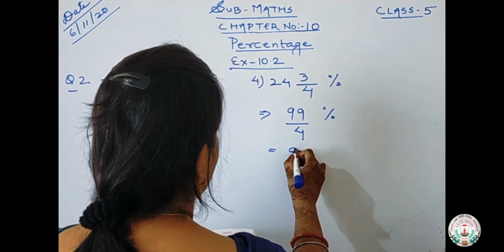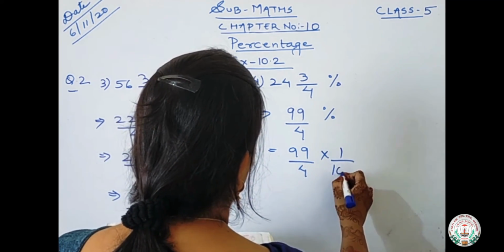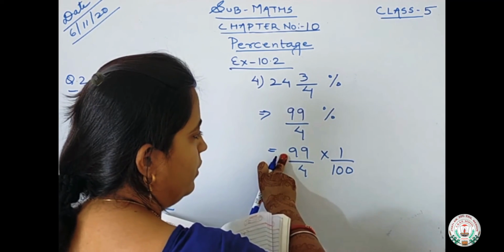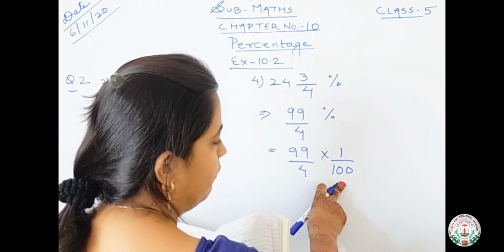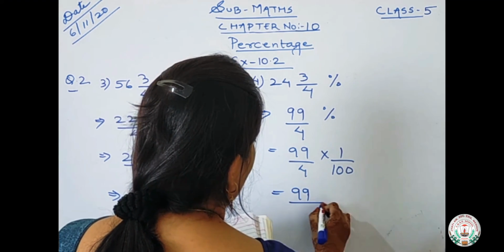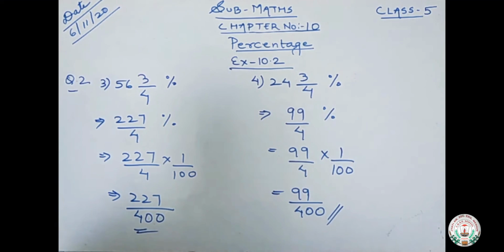So in place of percent, what we are writing? Into 1 upon 100. This can't be cancelled. 99 is divisible by 3 and here it will be divisible by 2 and 5. So it can't be cancelled out. So we will multiply just and write. So this is our answer.